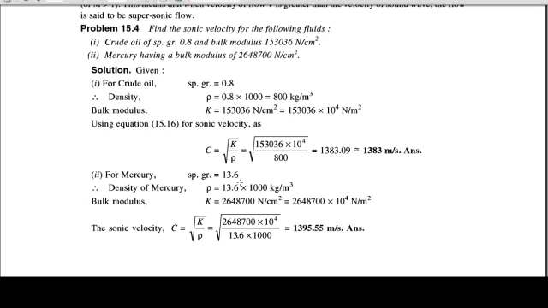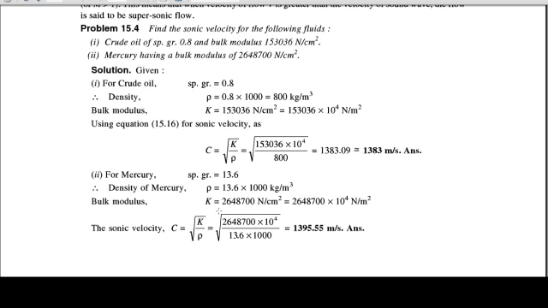Density of the mercury will then be 13.6 into 1000 kilogram per meter cube. Now the sonic velocity is equal to under root of k upon rho. So after putting the values, we get the value of c as 1395.55 meter per second. Okay, so case 2 is also solved.